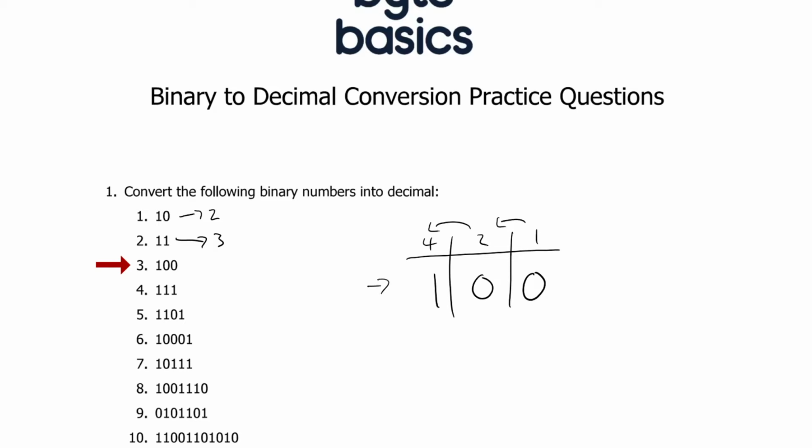Step 4, work our way across, writing down the value above any column that has a 1 below. So in this case, the first one we have 1, we have a 4 above. And then the following 2 both have 0, so we don't need to write anything down. And step 5, add up those numbers we just wrote down. In this case we just wrote down 4, so the answer is 4. So 1 0 0 binary is 4 decimal.